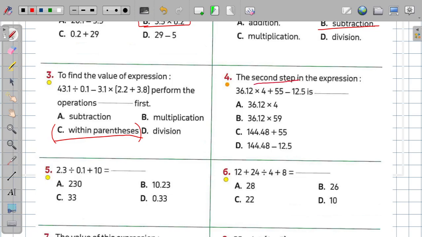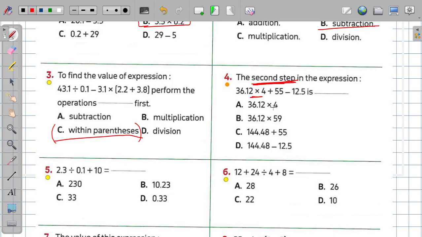The second step, again, the second step in the expression 36.12 multiplied by 4 plus 55 minus 12.5 is what? I think the first step or the first operation is a multiplication operation.